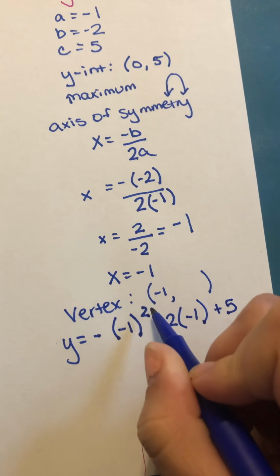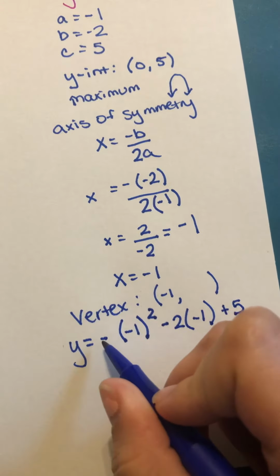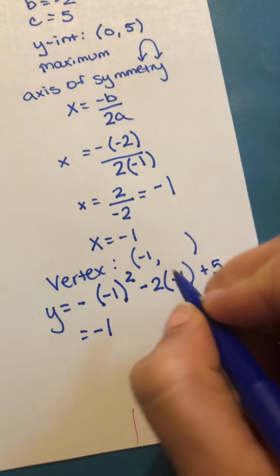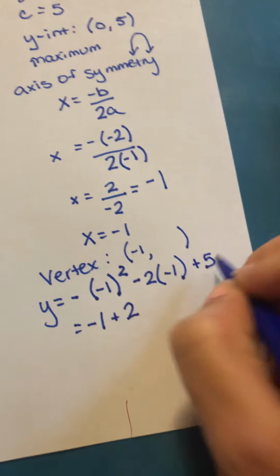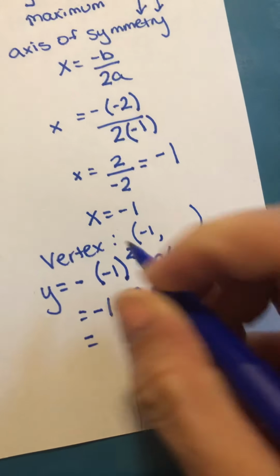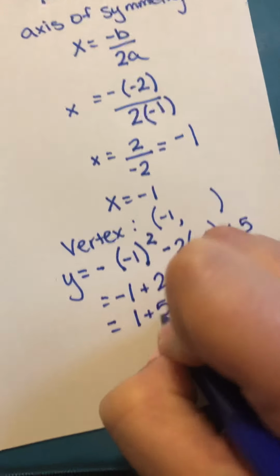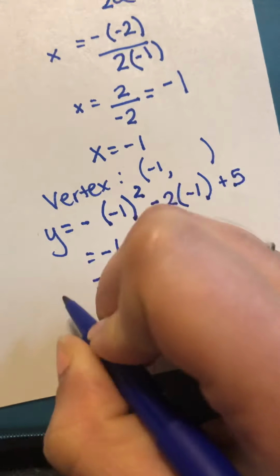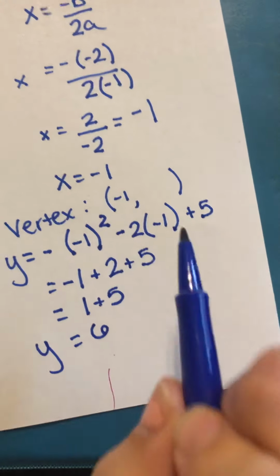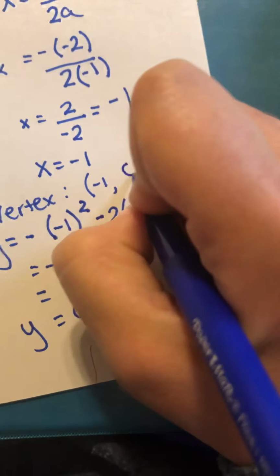So negative 1 squared is a positive 1, times a negative 1 makes it a negative 1. Negative 2 times negative 1 is positive 2, plus 5. Negative 1 plus 2 is going to give us a positive 1, plus 5 gives us a y value of 6, which means our ordered pair for our vertex is at negative 1, 6.